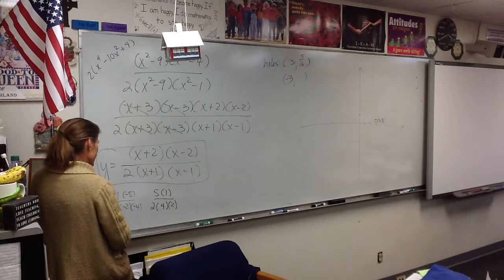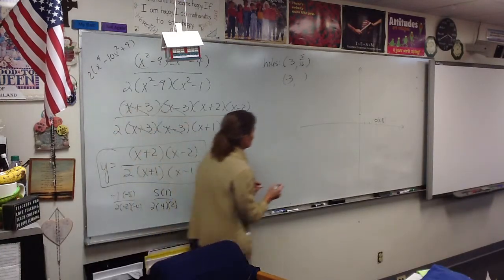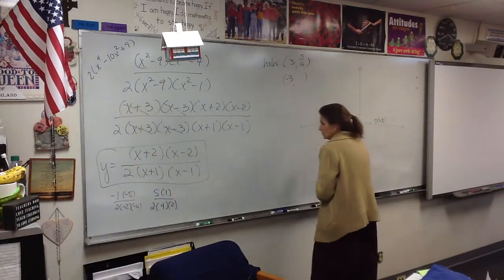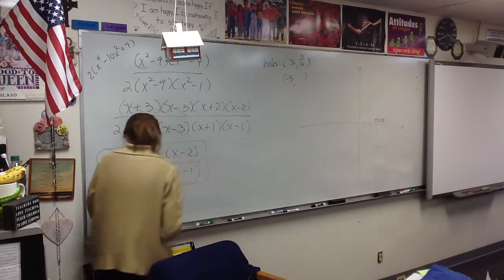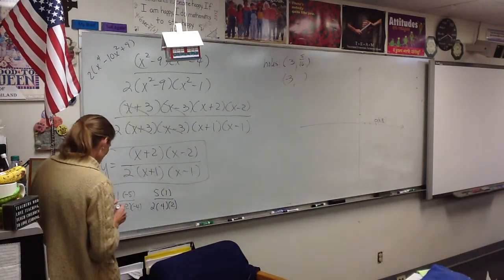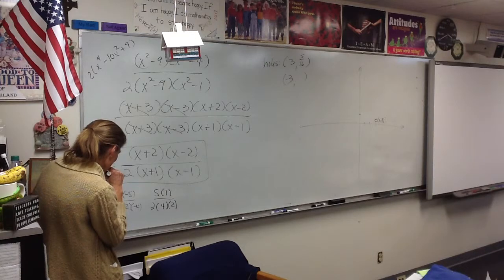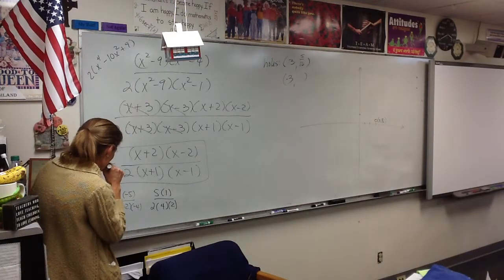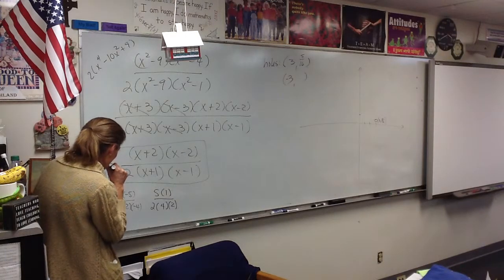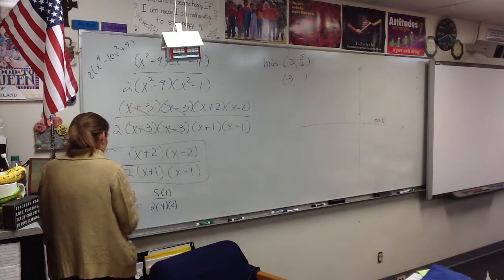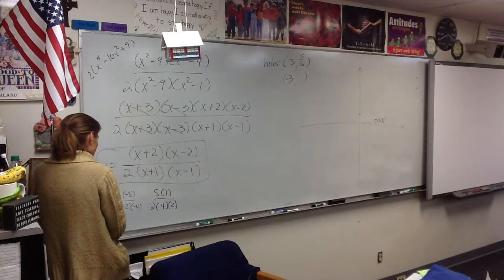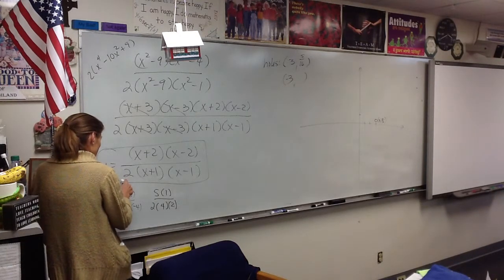Did you get 5/16 again? Yeah. Oh, I got 5/16, yeah. I got 5/16 for both. Check your arithmetic. I'm getting a 5 on the top. I got a 5. What is it, 8?